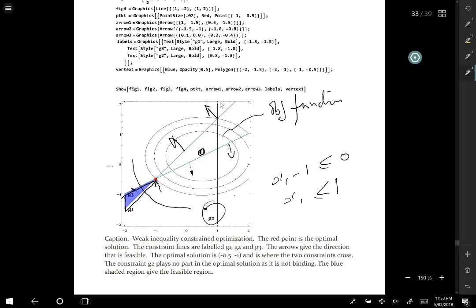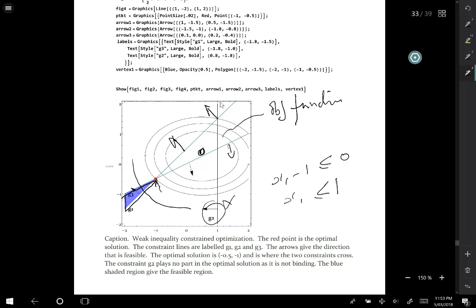For a start, the constraint G2 is not playing any part in the optimal solution, so we can just ignore it. It might as well not be there. But these two constraints play a critical role.